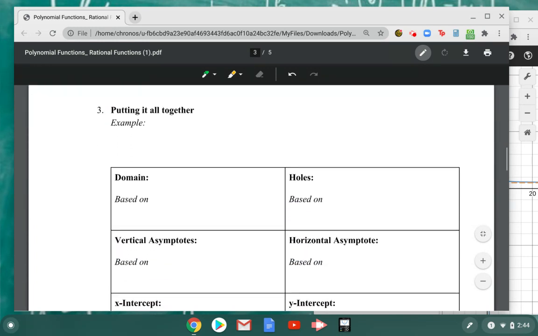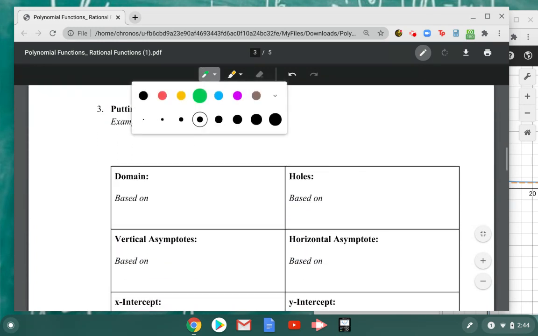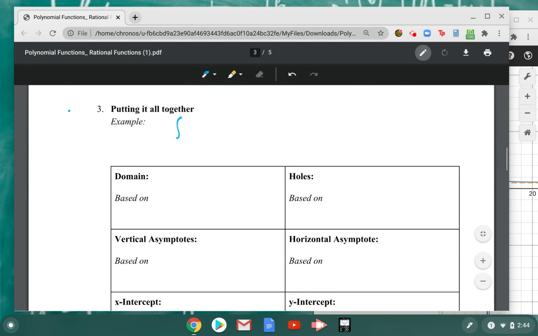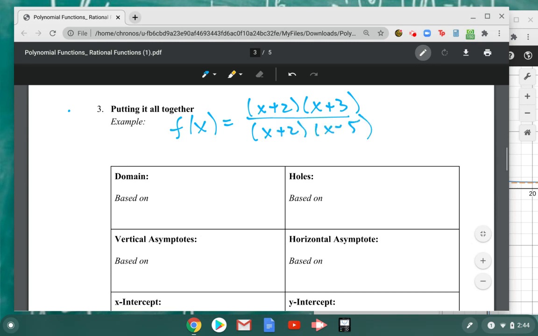So for the first example, I'm going to go ahead and just make it up. And let's say that we've got, I'm going to put it in factored form, f of x is equal to x plus 2, x plus 3, all divided by x plus 2, x minus 5. The domain is all based on the denominator equal to 0. The denominator can't be equal to 0.